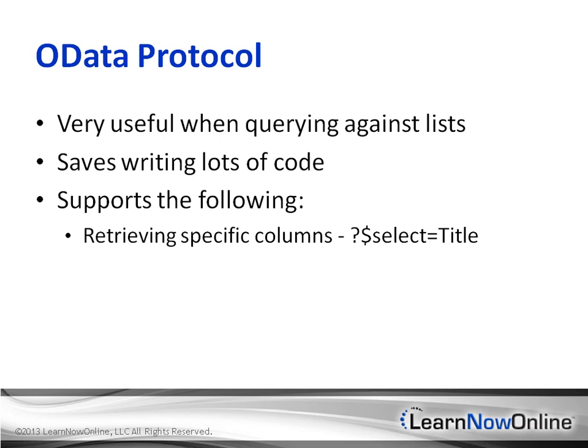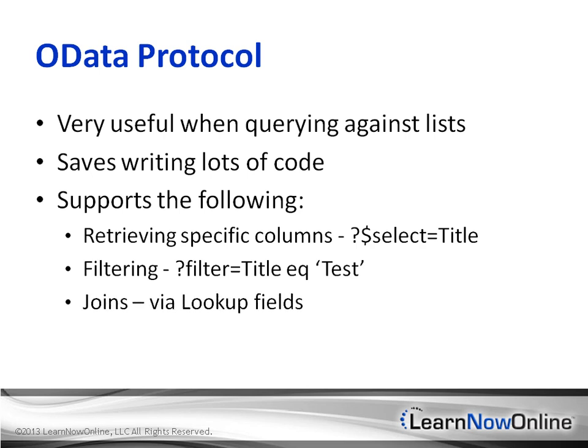It supports math functions, but some of the things that I think are really useful right away for SharePoint developers are being able to retrieve specific columns from a list, just doing simple filters. There's lots of different comparison operators, so in this case we're using equals. You can even do joins with lookup fields, and of course sorting is supported. Just use the order by keyword and then tell it what field name.